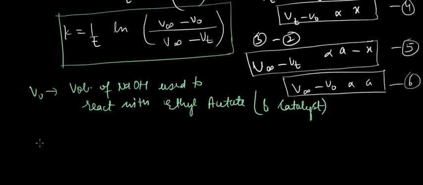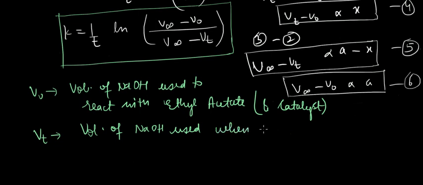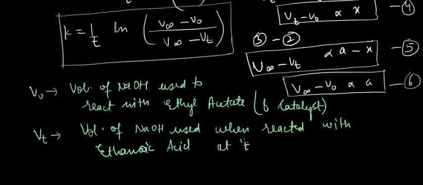Okay, Vt was the volume of NaOH reacted when the ethyl acetate got converted into acetic acid at some point of time, which is t. So it is the volume of NaOH used when reacted with ethanoic acid at time t.